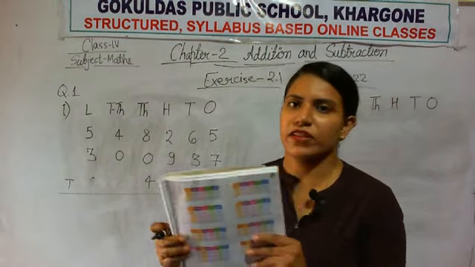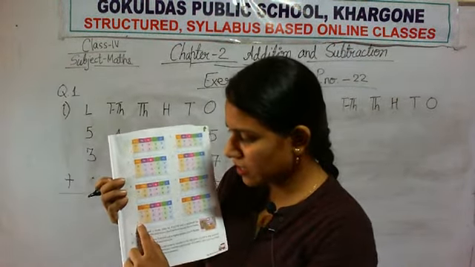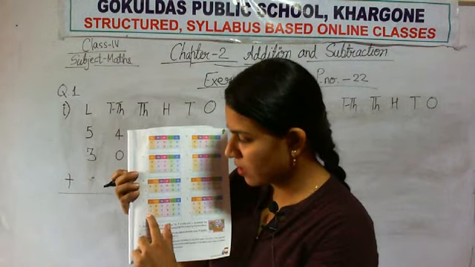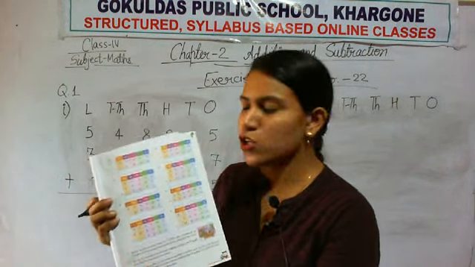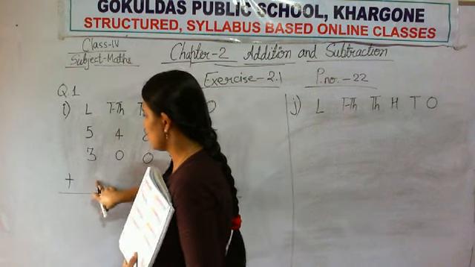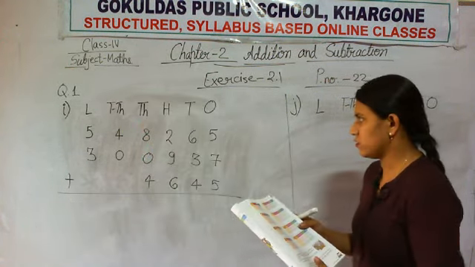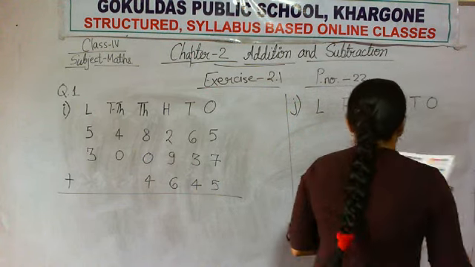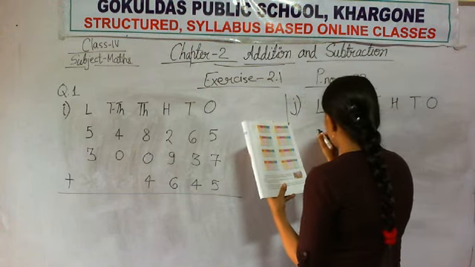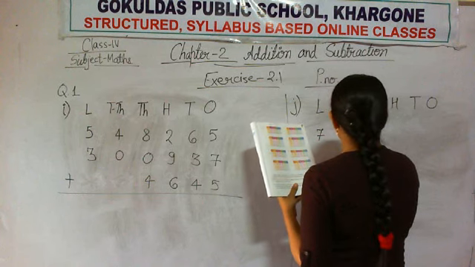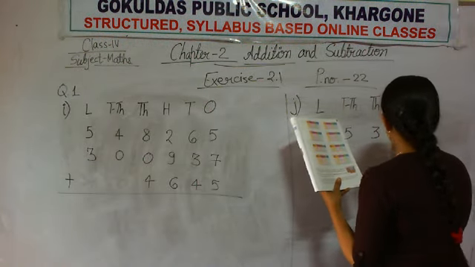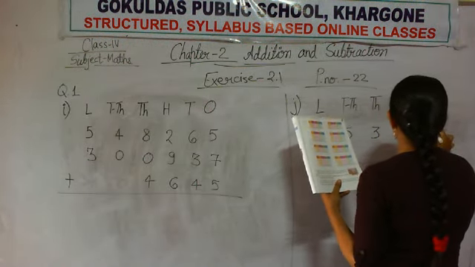As you can observe in the book also, the plus sign is outside the place values. Okay, so you have to put the plus sign outside the place values. I am writing the question here. 7,53,180.